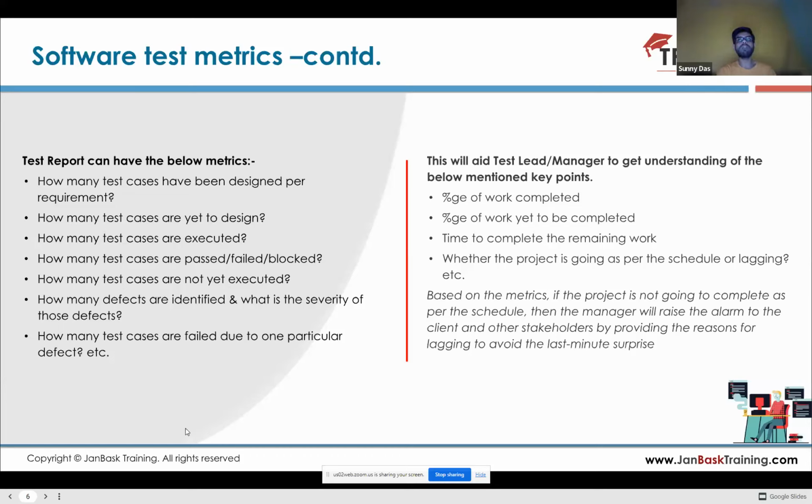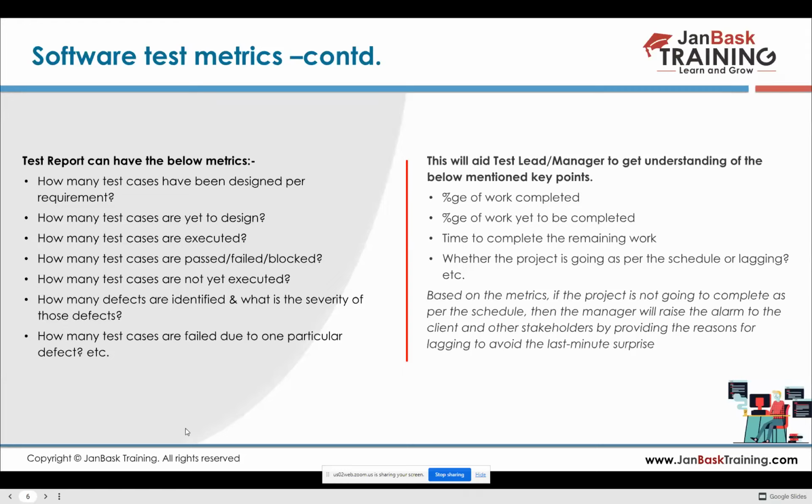Suppose you have logged 10 defects, and most of them are low priority or low severity defects. In that case, we can say that the overall quality of the product is good, because you have not found any high priority, high severity, or critical defects.